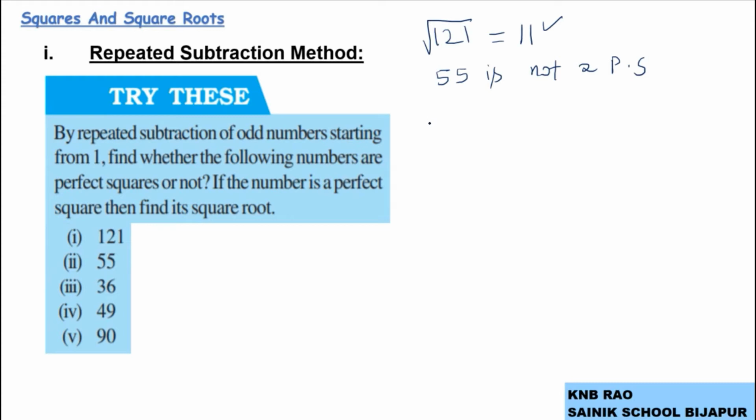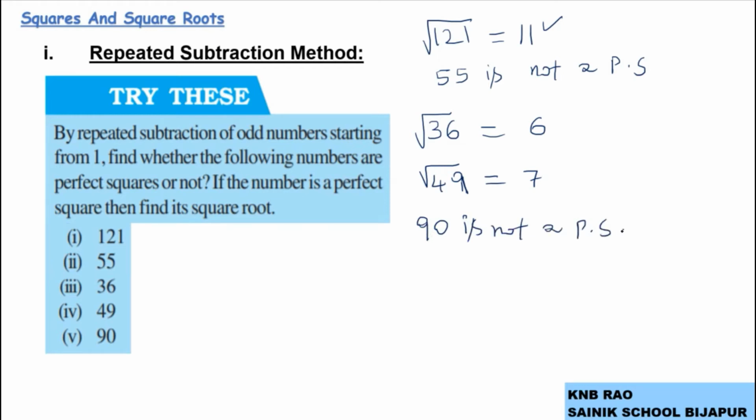Next, 36 is a perfect square, and you might have got at the 6th step difference becoming 0. Therefore, its square root is 6. 49 is again a perfect square. You have got in the 7th step its difference becoming 0. Therefore, square root of 49 is 7. 90 is not a perfect square. So we need not find square root of it. So this is in brief what you might have done.